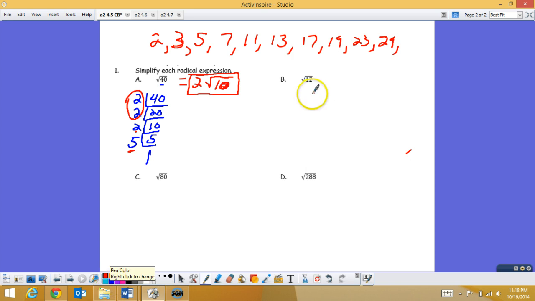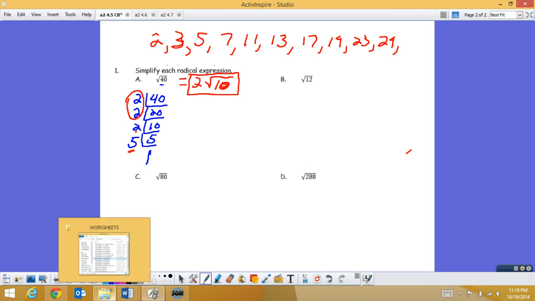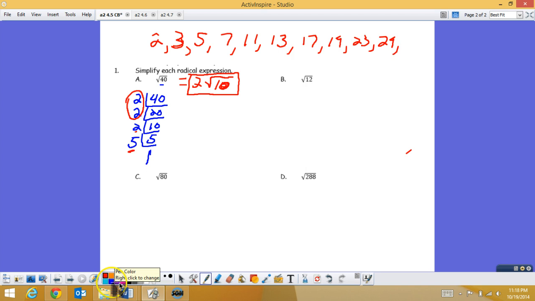Now that we've got 12, again we're going to do the same thing. 12 is even, so I'm just going to keep dividing by 2 until it's no longer even. 2 goes into 12 6 times, still even, so 2 goes into 6 3 times, and 3 goes into 3 once, and I keep going until I hit 1, and then I look for a pair of something.